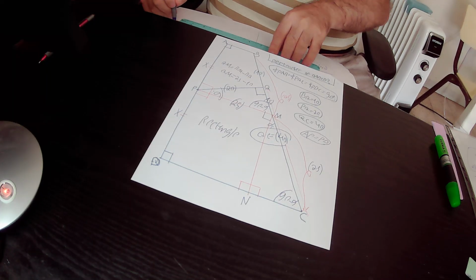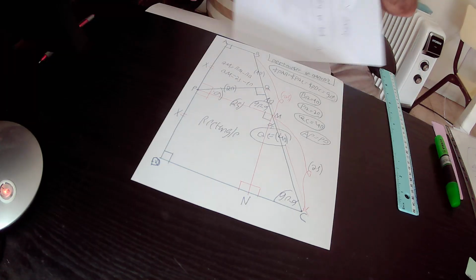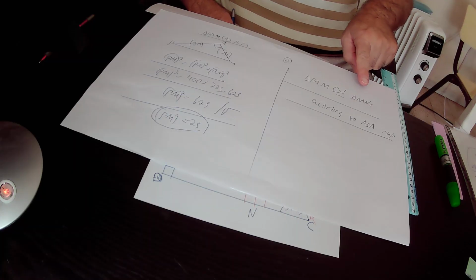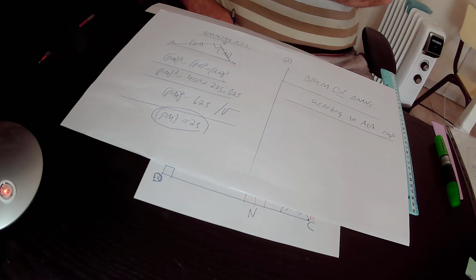Again, she found out that the right triangle PQM is congruent to the right triangle MNC according to the angle-side-angle rule.